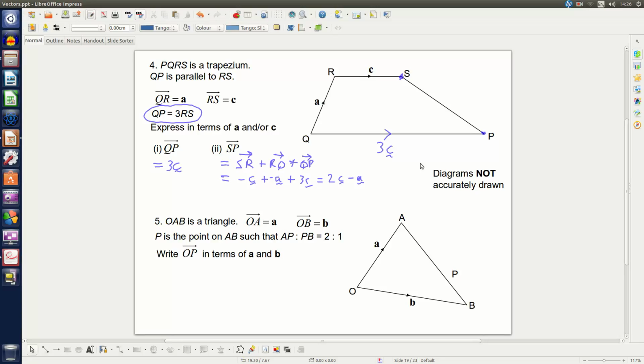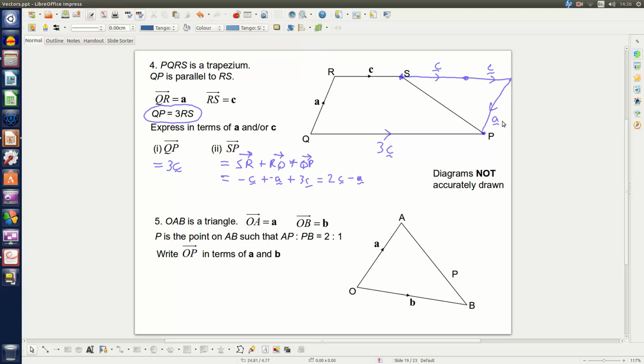Now, I always like to point out to my students that if I start from S and I go 2 C's across, there's 1 C, and this is going to take me slightly off the screen, but I'm going to do it anyway just for the purpose of showing you. There's 2 C's, and then I put on the end of that a minus A. Now look at that other A across, it should be parallel to it but going in the wrong direction, just like I've drawn it.